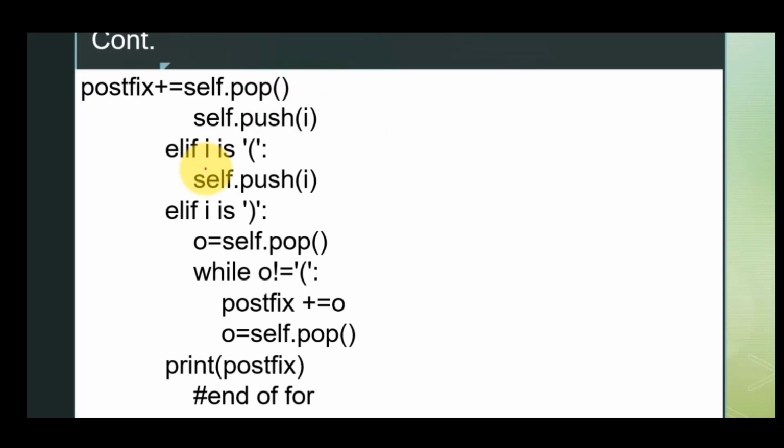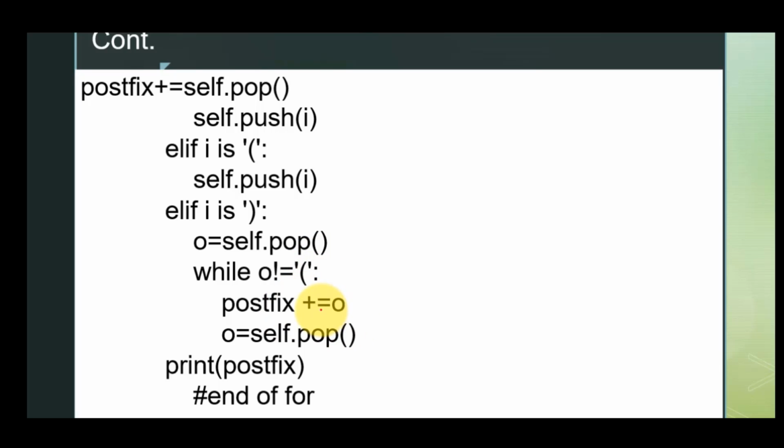And this one, we're going to push it, or else it's no longer an opening parenthesis, it's a closing parenthesis. Then it will pop, we'll remove, and it will continue while it is not equal to the opening parenthesis and colon.